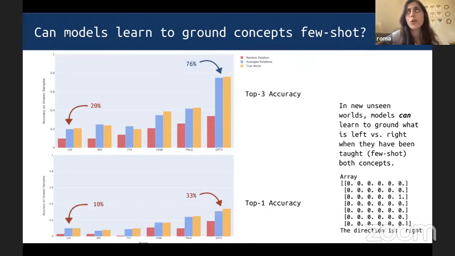So I have one slide on this that looks at the differences in model predictions. What we actually see is that some of the models, which are the smaller models, are really bad at few-shot fine-tuning at all. Given that they can predict any word out of the 10,000 words in their vocabulary, some of the words they predict are often just very random words, like "the" or full stops and things like that. However, the larger models, and especially the GPT-3 model, always predict related words, which are words within that conceptual category.